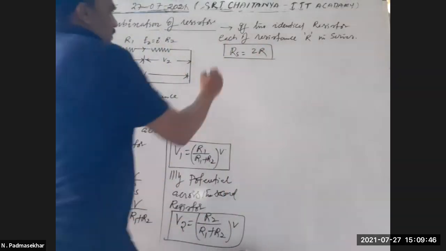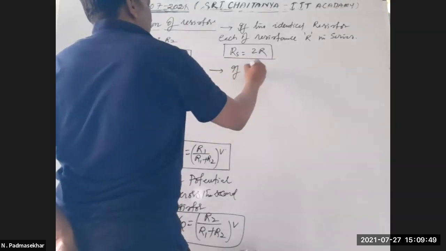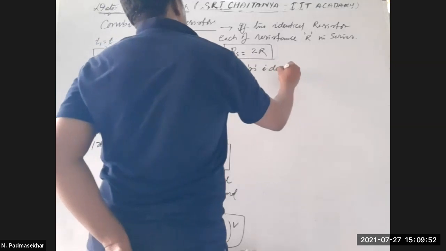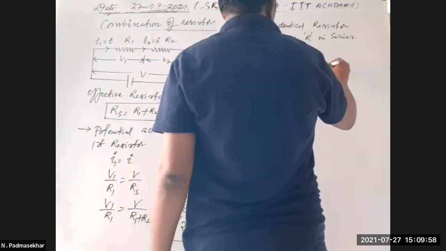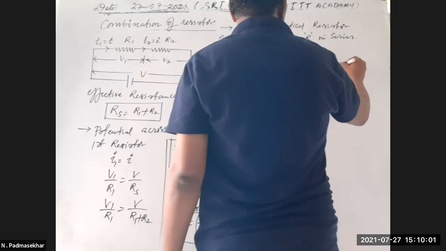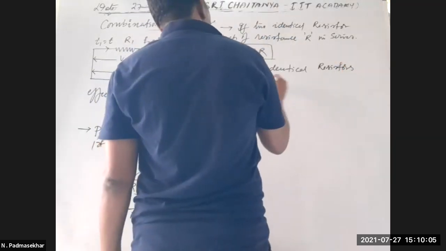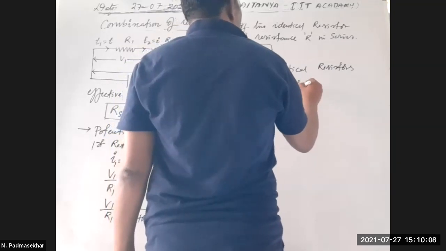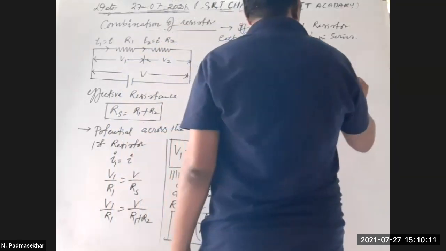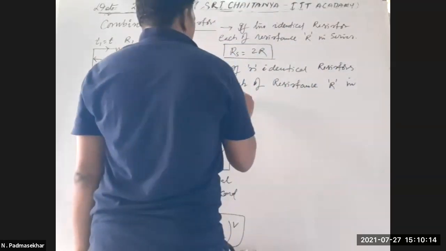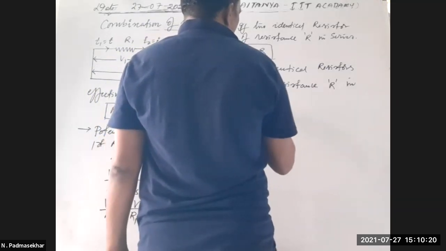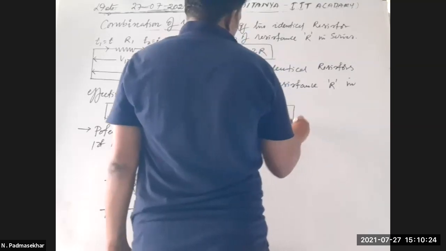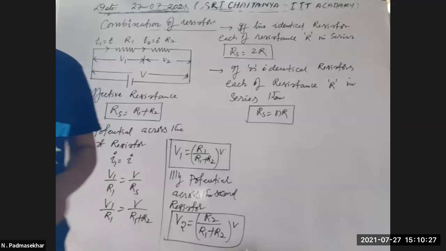Okay, suppose if n identical resistors in series, effective resistance is NR. రైట్ త్వరగా రాయండి. సో ప్యారలల్ కూడా చెప్పేసి ఆపేస్తాను, ఉడికిపోతున్నాను ఇక్కడ.